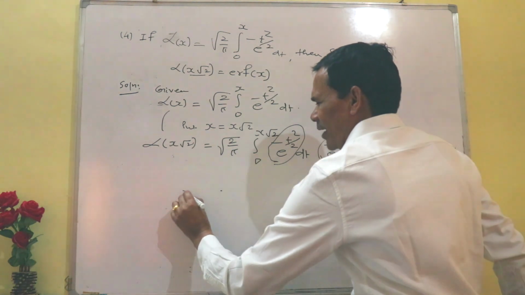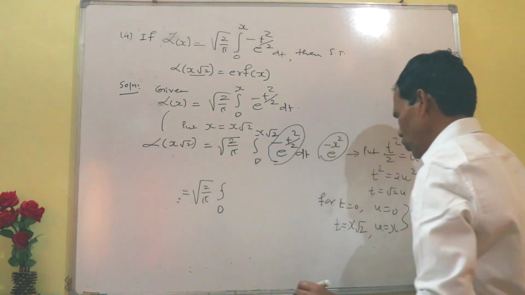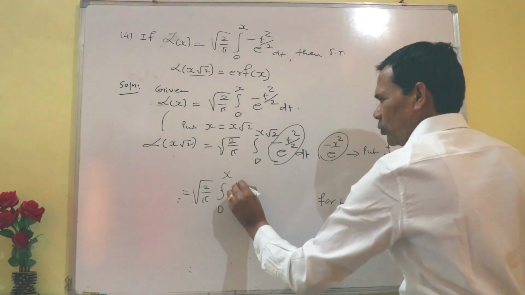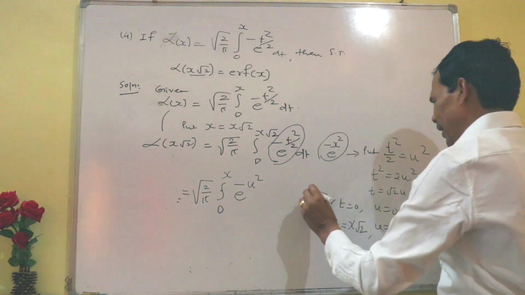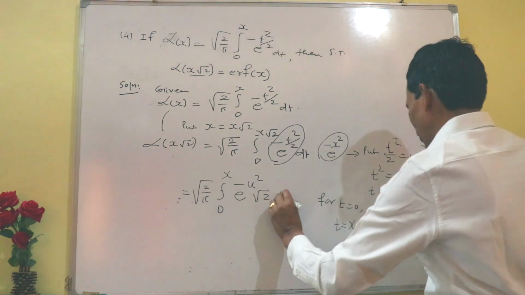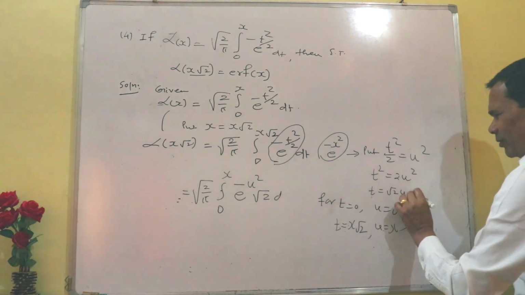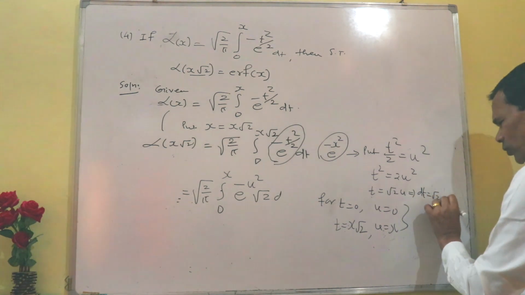So with these limits I transform this to 2 upon root pi, integral from 0 to x of e raised to minus u square, and dt is root 2 into du. Naturally, if you take the differentials, dt is equal to root 2 into du.